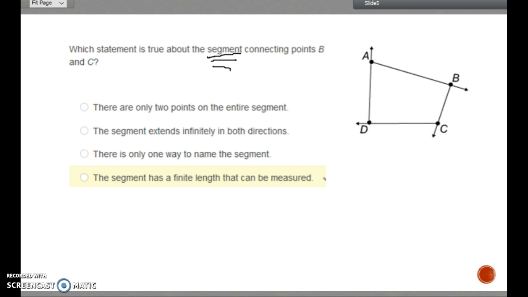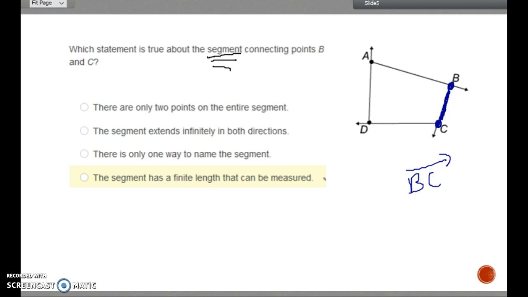All right, so it's asking about the segment from point B to point C. So even though you have ray BC, we don't care about that whole ray. It's just asking us about the segment from B to C. So the wording here is really important. It could have said ray BC, or it could have said different things, but it says segment, so we only care about the segment from B to C.